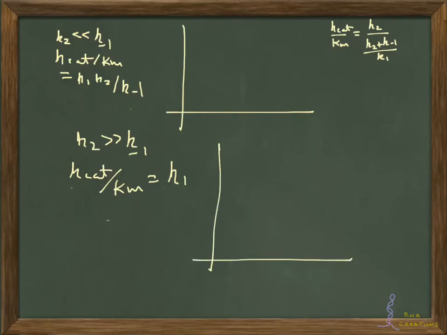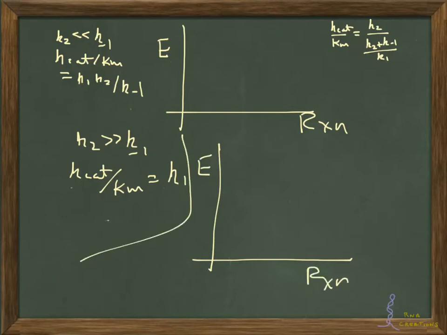And so remember, we said that this is some kind of activation energy versus reaction. We have to start out with an initial state. Remember, this is E plus S. And we know that all the reactions go uphill, like that. And in this case, because k minus 1 is faster, when it goes to k2, it has to go uphill.